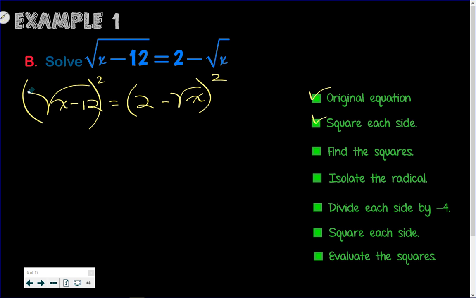Everybody with me so far? So what happens to this side? The square disappears. You just lose the radical, don't you? Now, how many of these do you actually have? You've got 2. So I have to rewrite it like so.